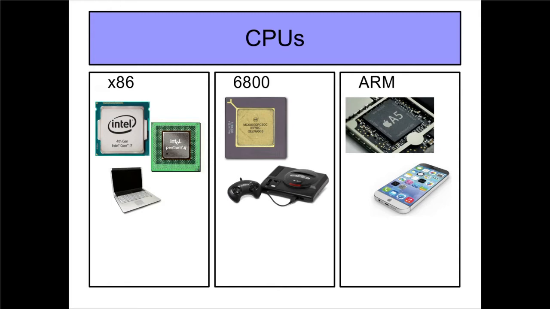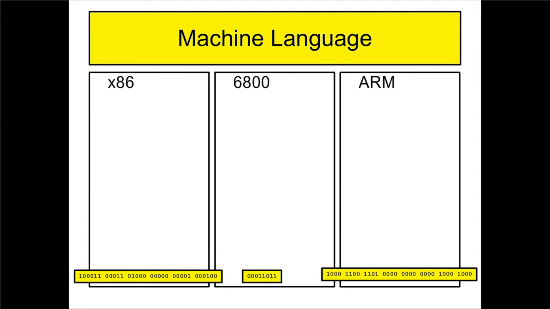And these three hardware platforms run programs that are not compatible with each other. Each of these platforms has its own machine language, so it's a language that that particular processor understands. And the language for all of them is in ones and zeros.